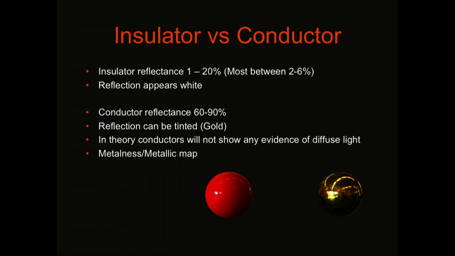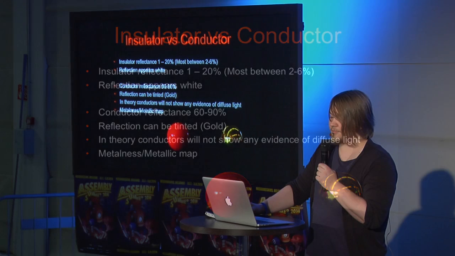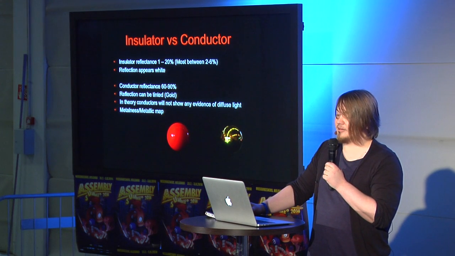Then we have the conductors, which are the other end of the spectrum, so basically metals and materials like that. And they commonly have a reflectance value of 60 to 90%. And the reflection can also be tinted, for example, in the case of gold or copper. And in theory, these conductors do not show any evidence of diffuse light.